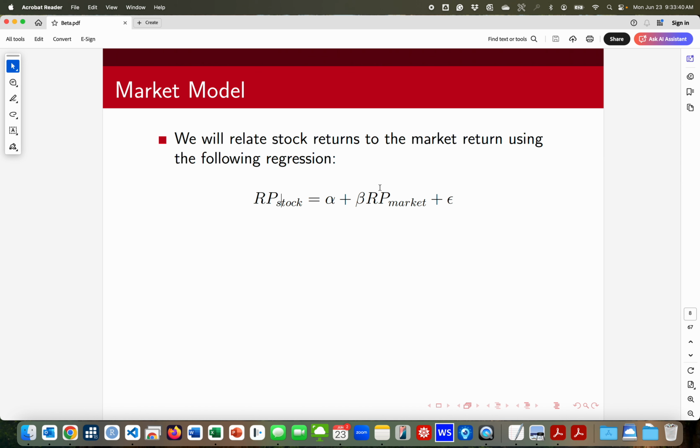Once you estimate your market risk premium, that's your independent variable, and the dependent variable is the risk premium for the stock. And this is the beta for the stock. Alpha is the intercept, beta is the slope, and epsilon is the error term, which captures all the determinants of the stock's risk premium except for the market. So this is going to tell us how sensitive it is to the market return.